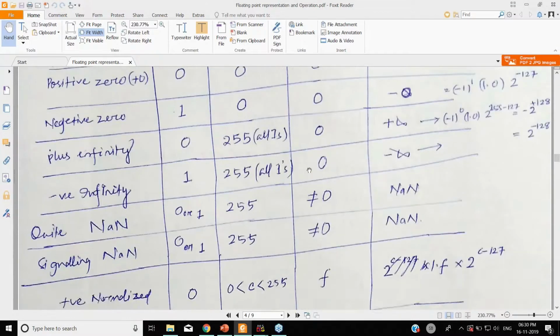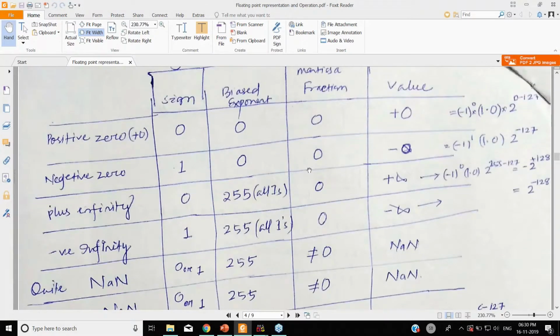As you have seen, there are various representations of zeros, plus infinity, plus numbers which are not represented in this floating point format. I have tabulated them in a chart. If you can see, this is the sign bit, the exponent, then the mantissa.